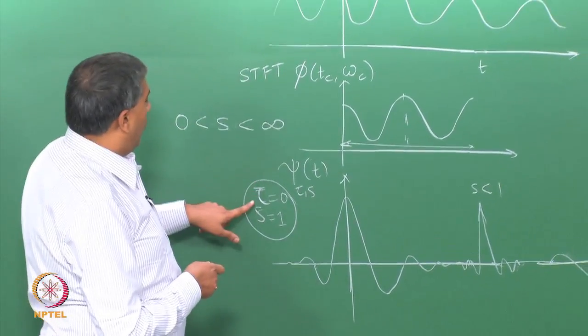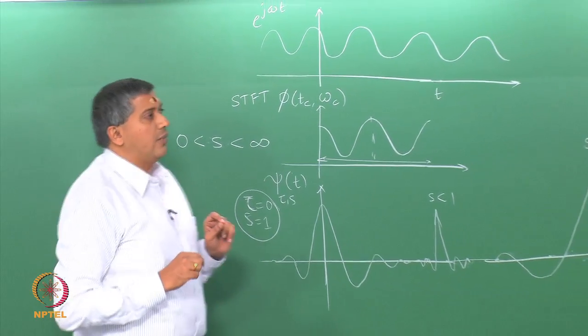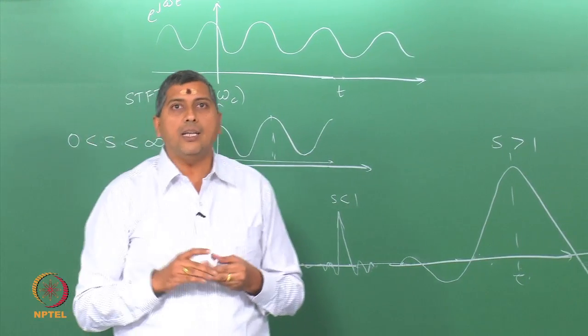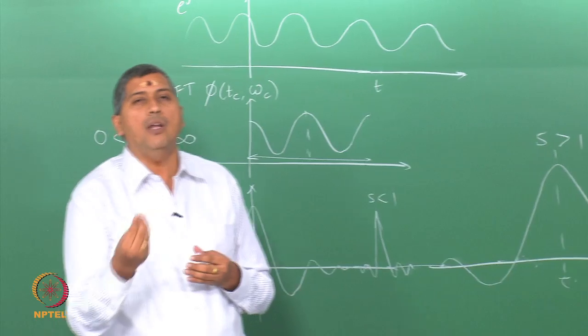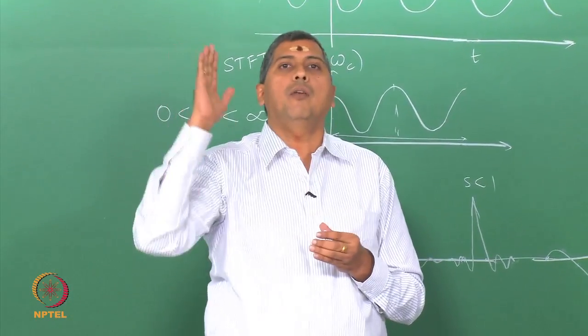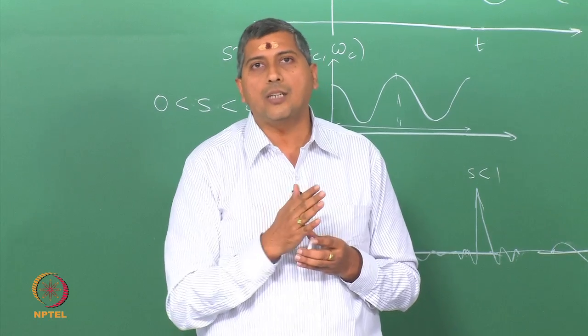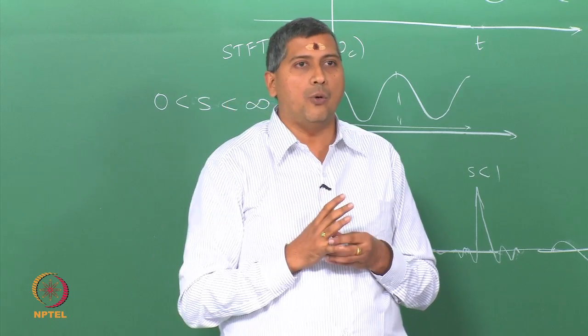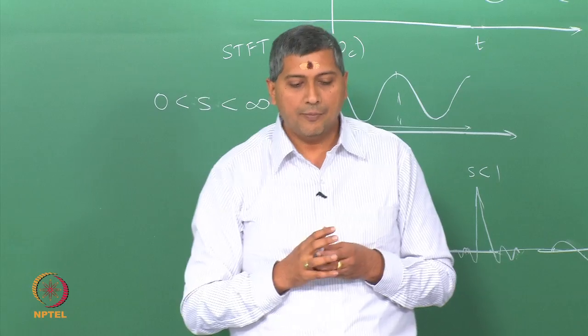So, why do we require a discrete wavelet transform? The simple answer is, if I look at the continuous wavelet transform, I am going to evaluate the transform at every possible value of tau and s. Of course, computationally that is not possible, but what that means is I am going to choose a very fine grid for tau and s to get the picture.